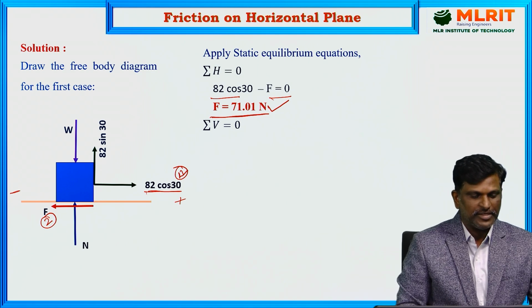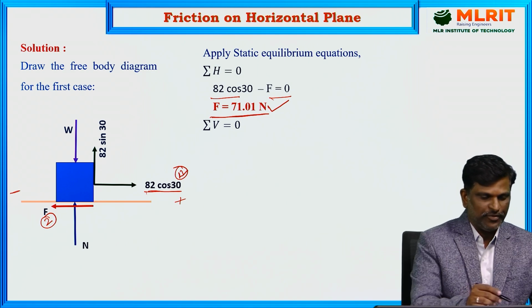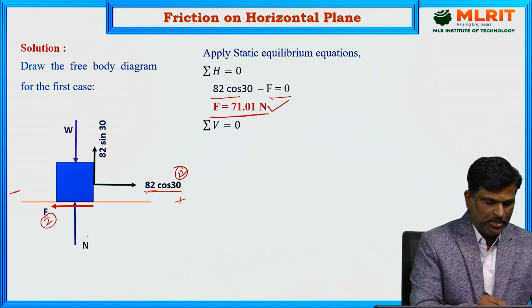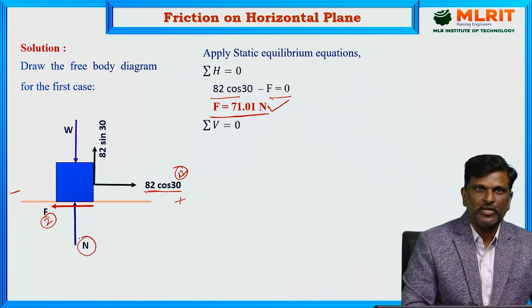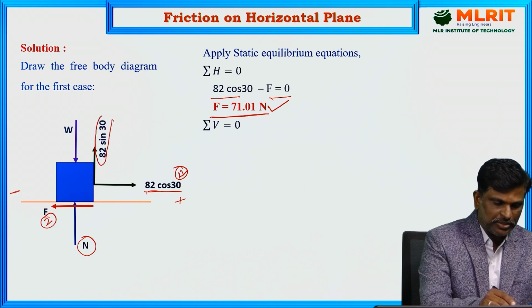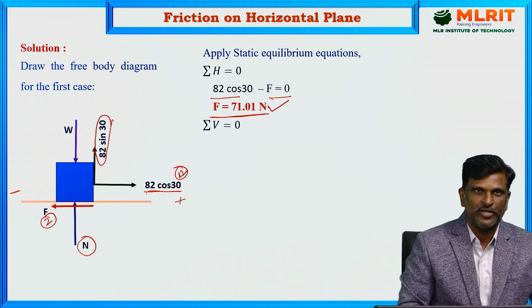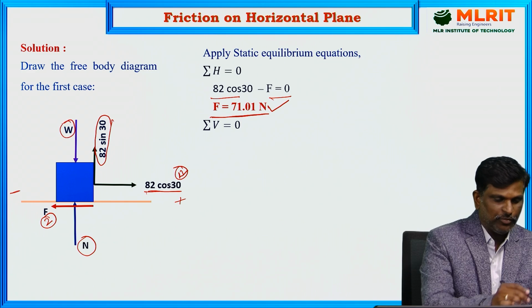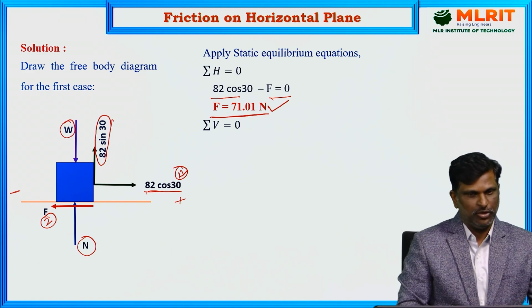Similarly, apply another static equilibrium equation, sigma V equal to 0: the sum of all vertical forces is equal to 0. Here we have three vertical forces. The normal reaction is acting vertically upward, 82 sin 30 is also acting upward, and the weight of the body is acting vertically downwards.